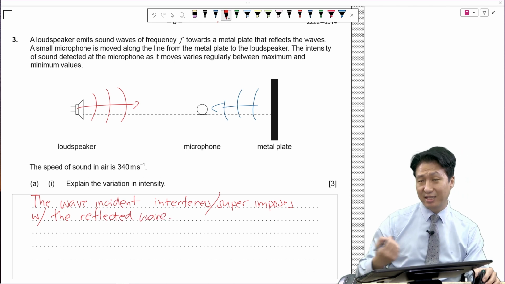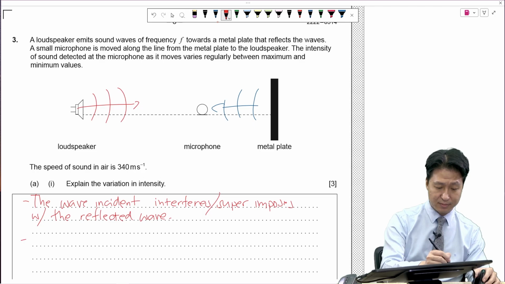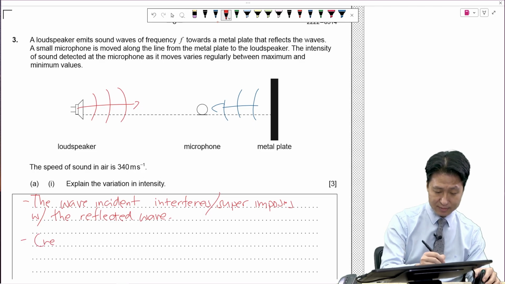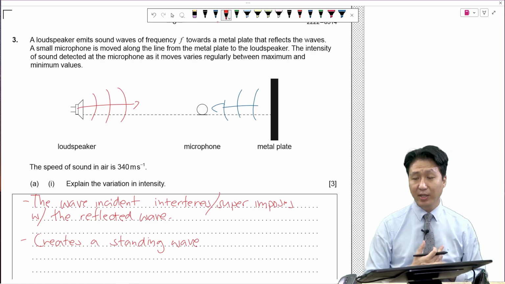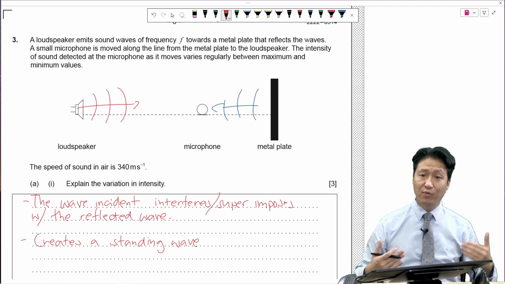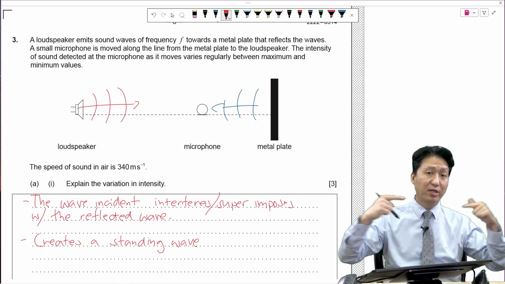And this is exactly the definition of a standing wave. So you create a standing wave. Because if you remember, a standing wave is created when there are two waves moving in opposite directions.